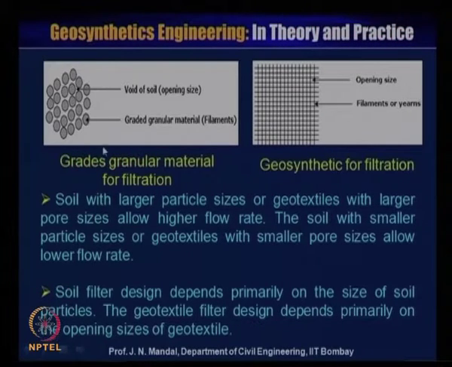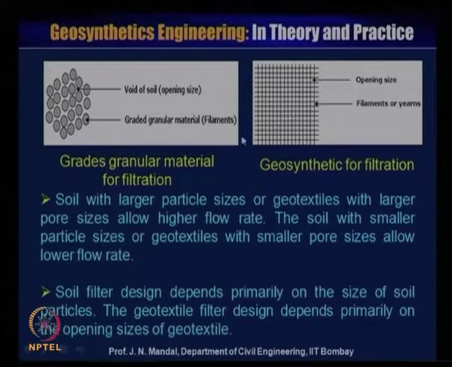You can see in this picture, on the left-hand side, this is graded granular material. This is like a filament, and this is the void of the soil, like an opening size. So you can draw an analogy between this graded granular filter and the geosynthetic filter.